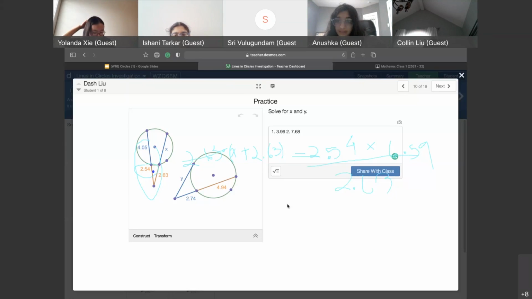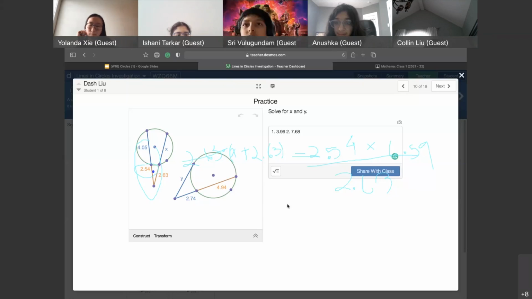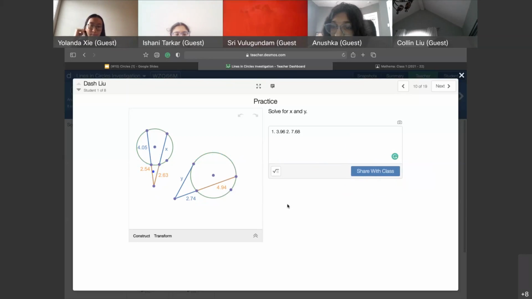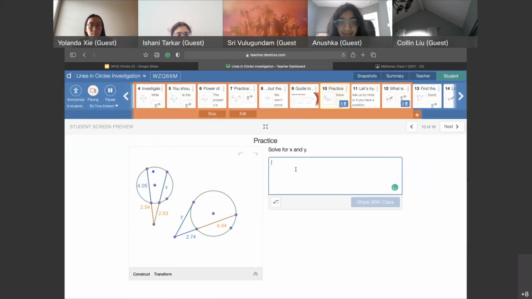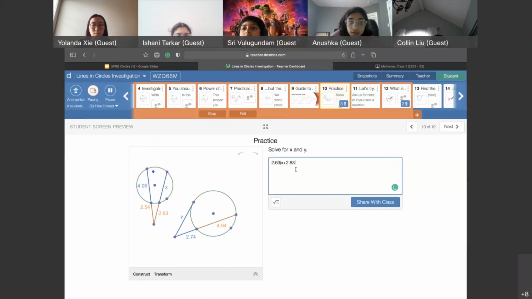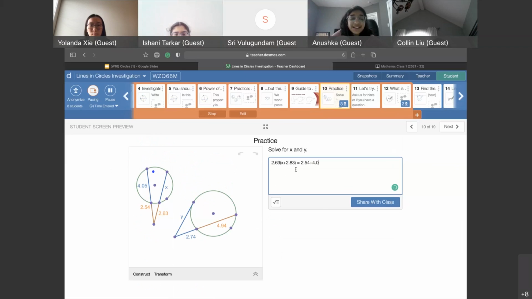What did you get? I got 0.8. That is not right. Let me redo that. Sorry, the answer should be somewhere around 4 or 3. Yeah, 3.7. Okay, let me redo that. So you do 2.63 times x plus 2.63 is equal to 2.54 times 2.54 plus 4.05, which is equal to 6.59, right?